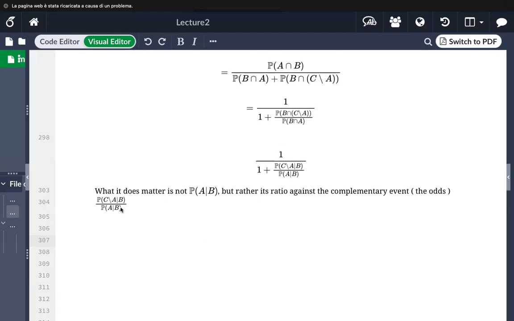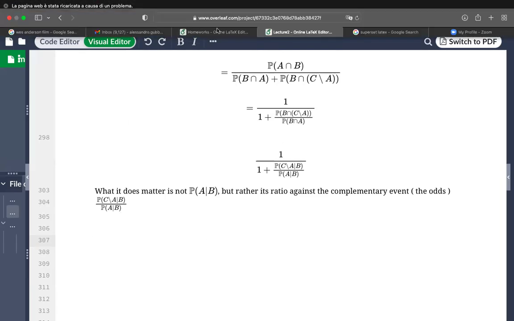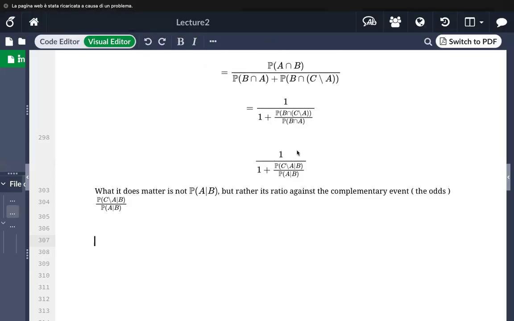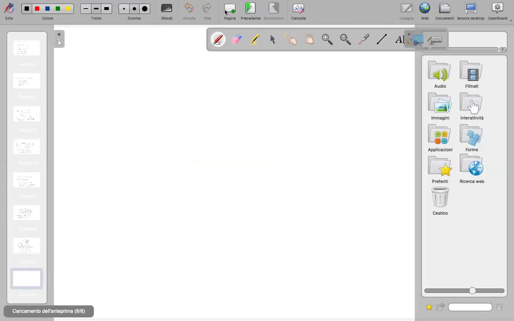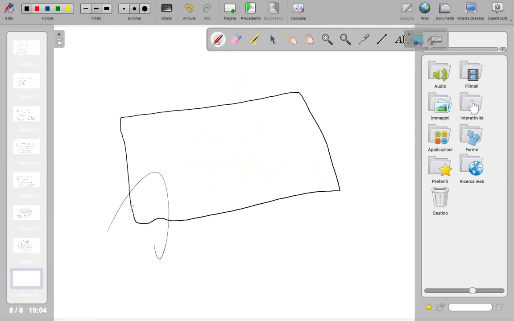So his argument doesn't mean anything, because you have to go here, and you have the event that the husband beats his wife. The event C is that a woman was killed.